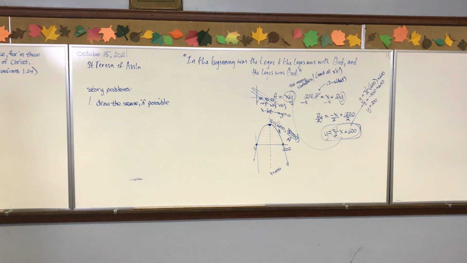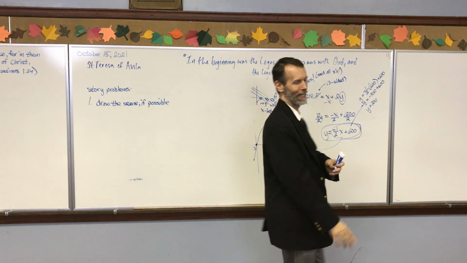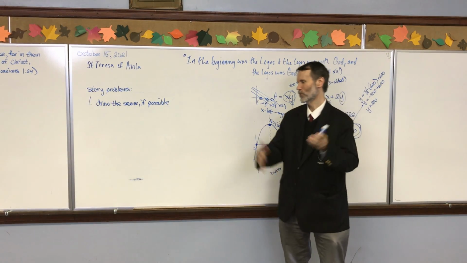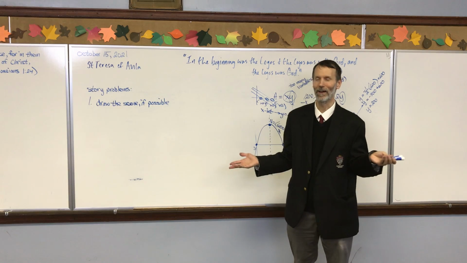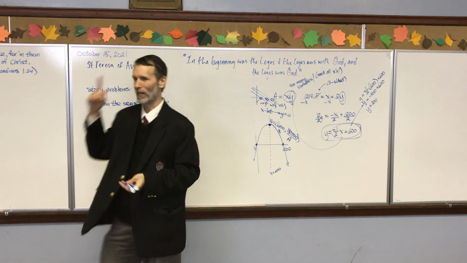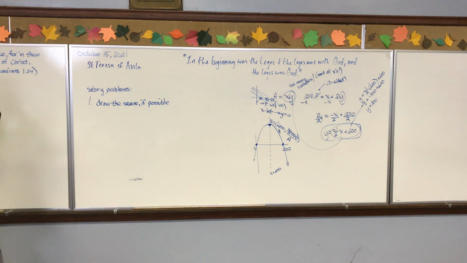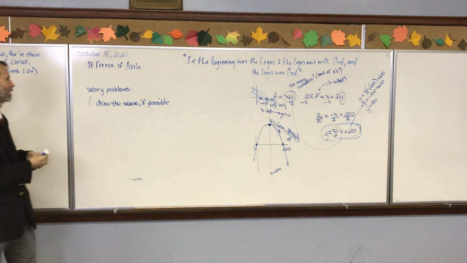If they're talking about a rectangle, draw a rectangle. If they say somebody's mowing an equilateral triangular yard, which would be strange, draw an equilateral triangle. In the instant they talk about something mathematical that you can picture, draw it.